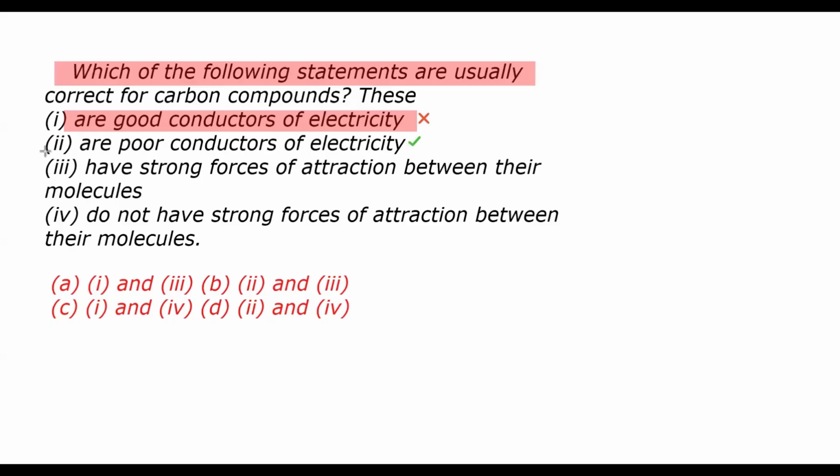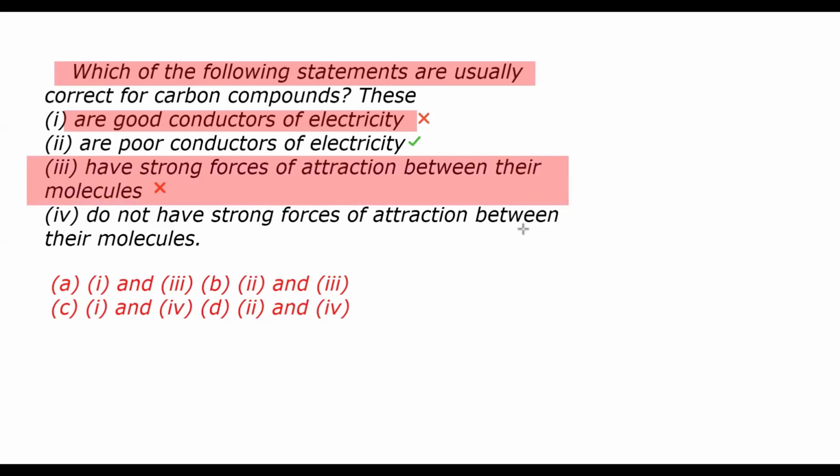If I read the next one, it says they have strong force of attraction between molecules. It's again wrong, because that statement is true for ionic compounds and not for covalent compounds. Carbon compounds are covalent compounds, and therefore they are poor conductors of electricity.